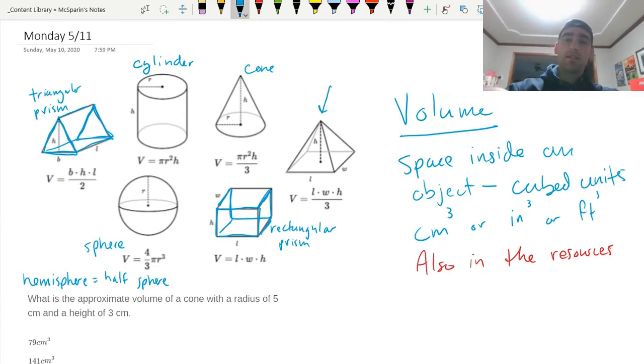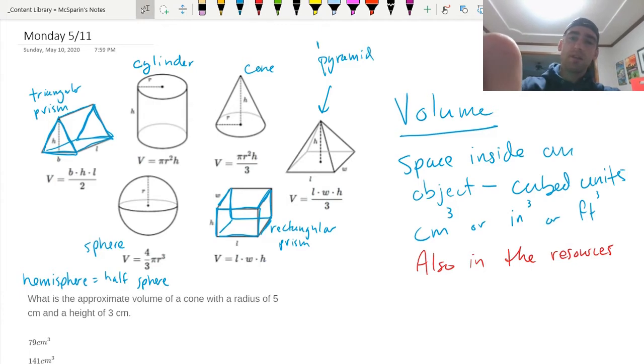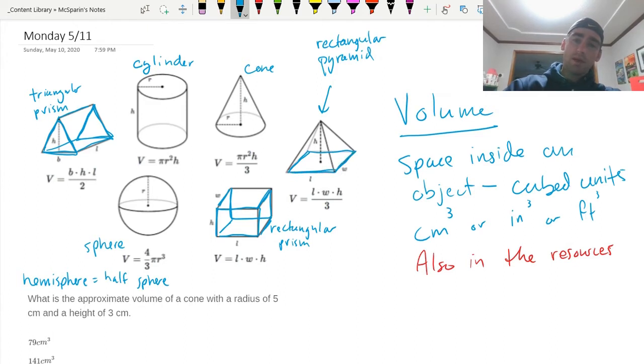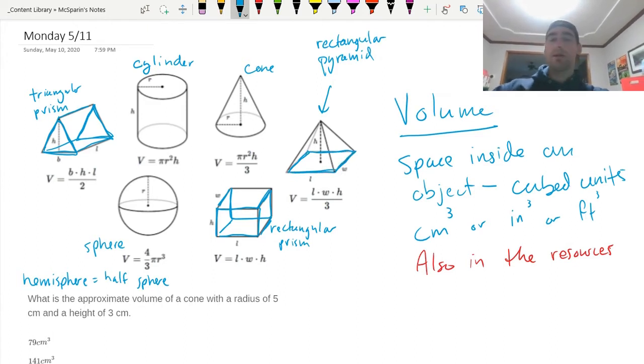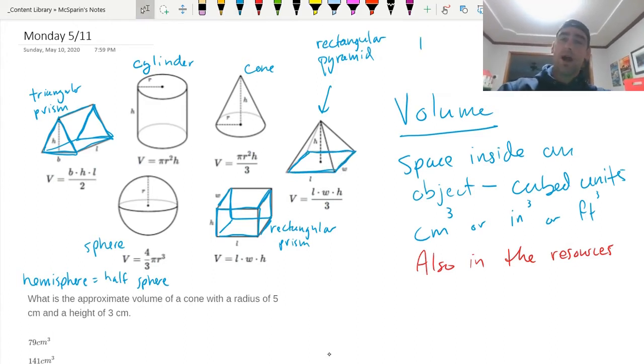All right. This thing is a pyramid. Now, this specifically is called a rectangular pyramid, because the base of the pyramid is a rectangle. There are also square pyramids, and there are also triangular pyramids.